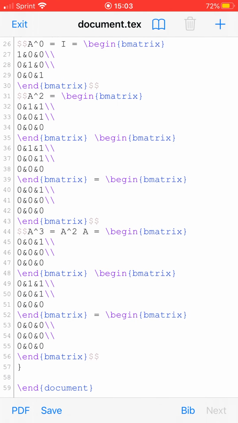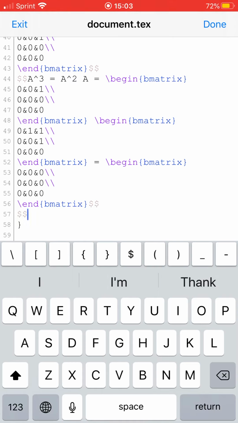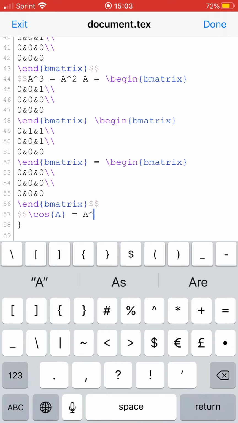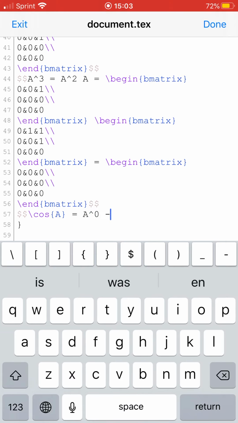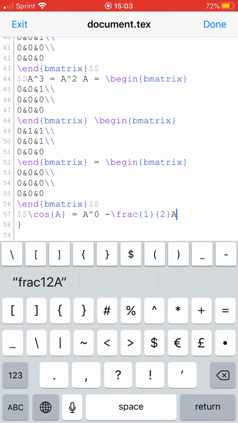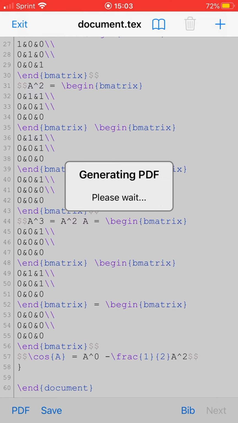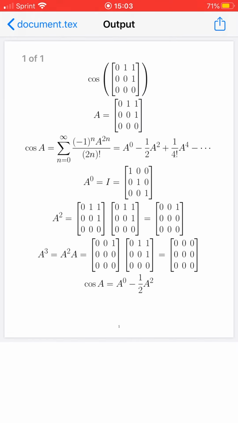So let me rewrite the cosine of a for this particular matrix that we're using in this problem. So cosine of a is equal to a to the 0th power minus 1/2 times a squared, because all of the other terms vanish.